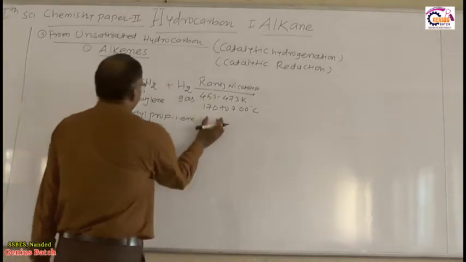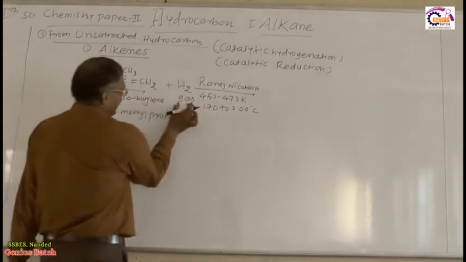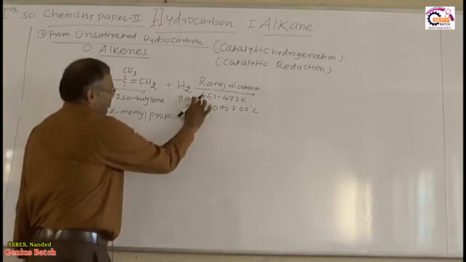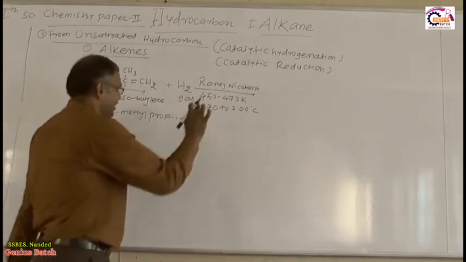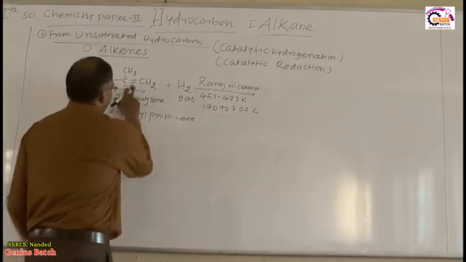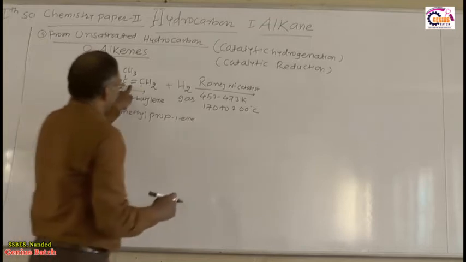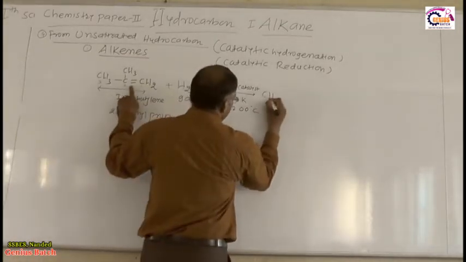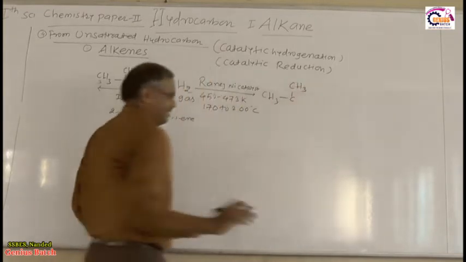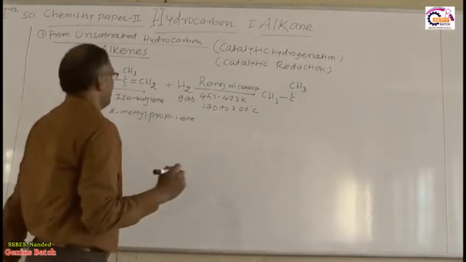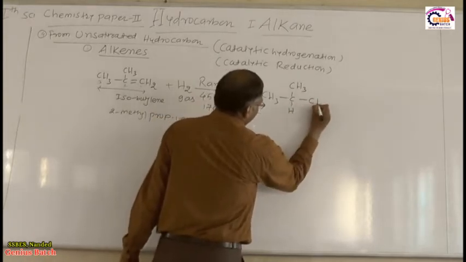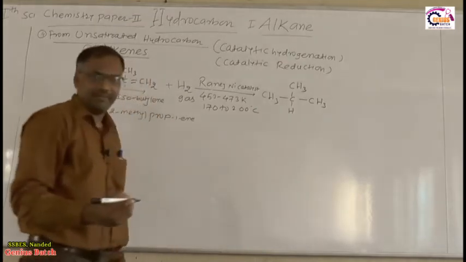So when this isobutylene is heated with hydrogen gas in the presence of Raney nickel catalyst at about 453 to 473 Kelvin, a hydrogen molecule is added across this carbon-carbon double bond. This CH3 is as it is, and this CH3 as it is. One hydrogen adds to this carbon, another hydrogen adds to this carbon.